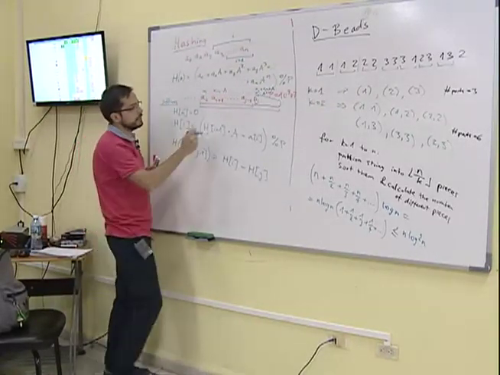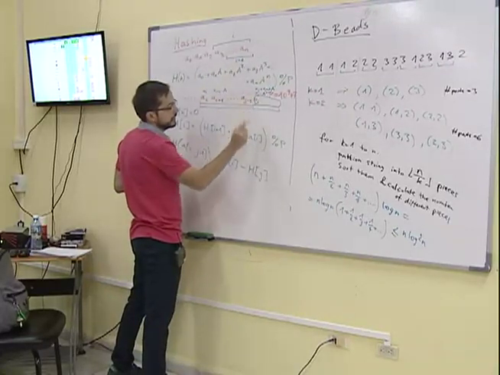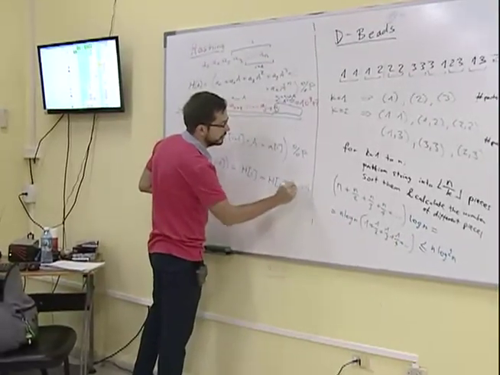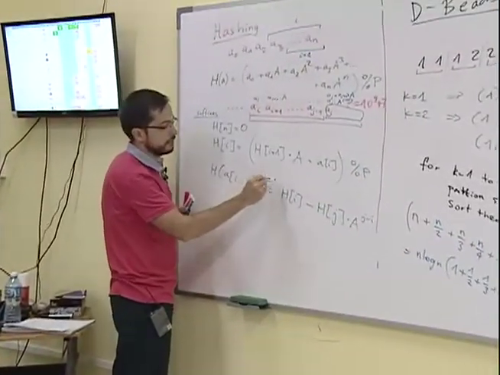So basically, we need to multiply this part by a to the power j minus i in order for this thing to work.